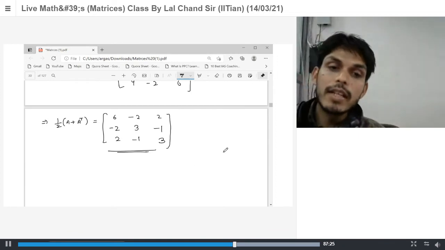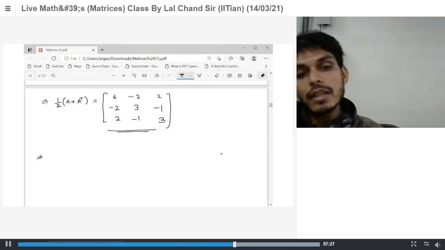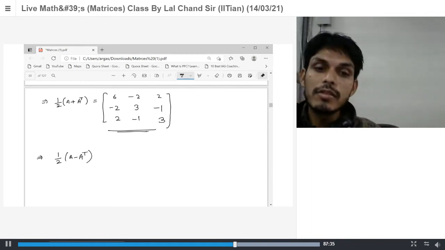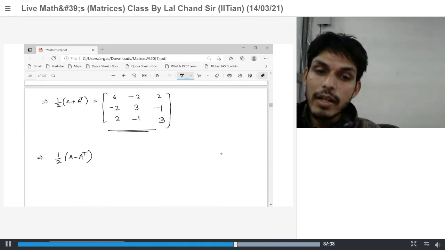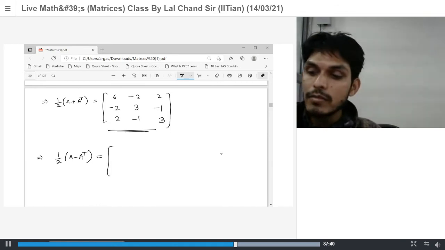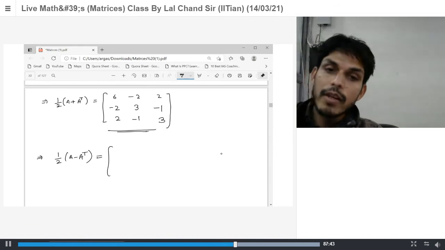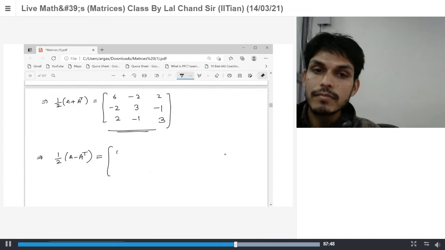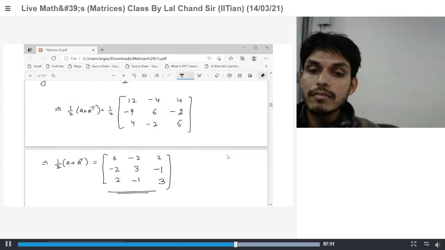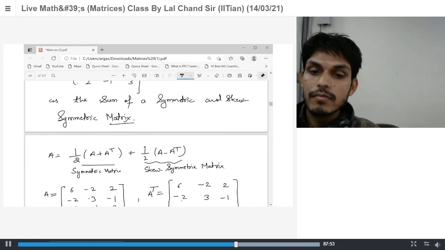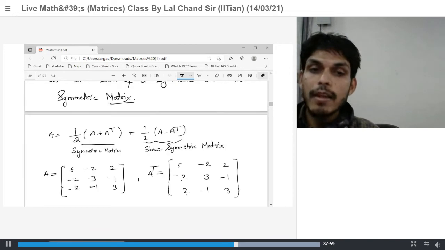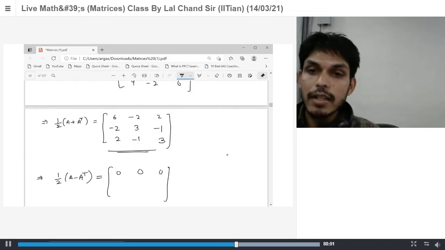So if I would like to check for the skew symmetric part, then I have to find out A minus A transpose. So first we need to take the difference of these two matrices. What is the difference of these two matrices? If I take 6 minus 6, this is 0. This is also 0. This is also 0. Okay, this is 0 again.